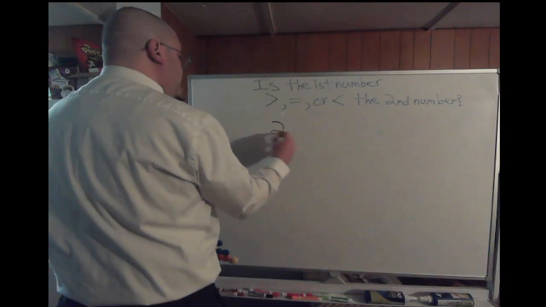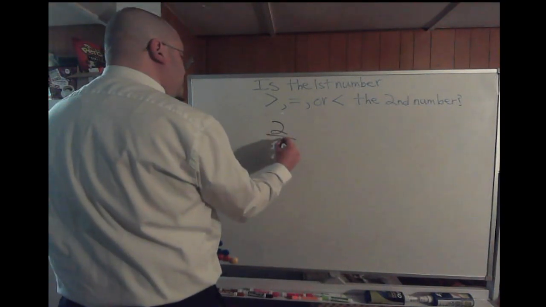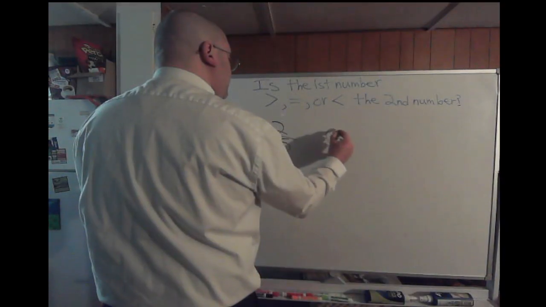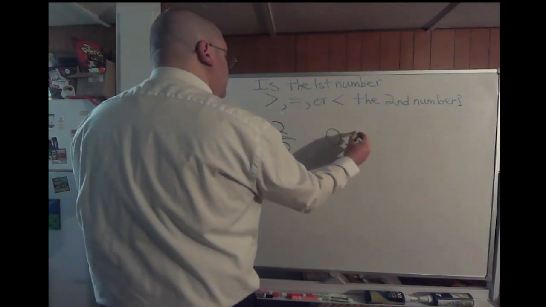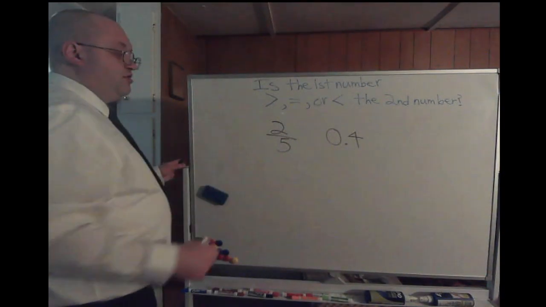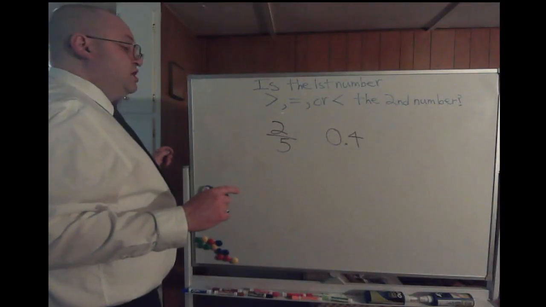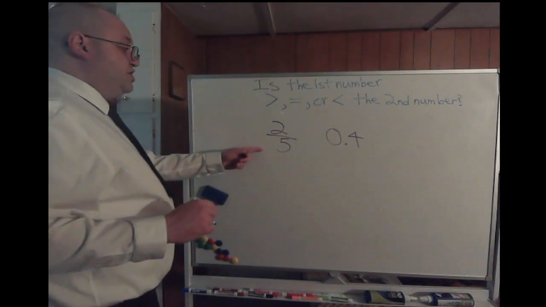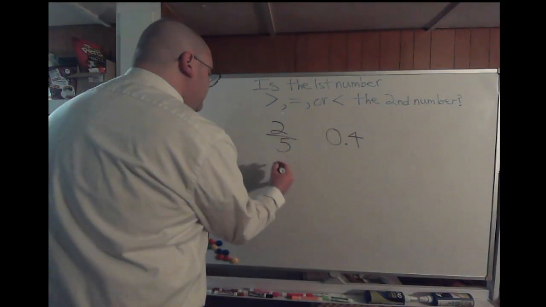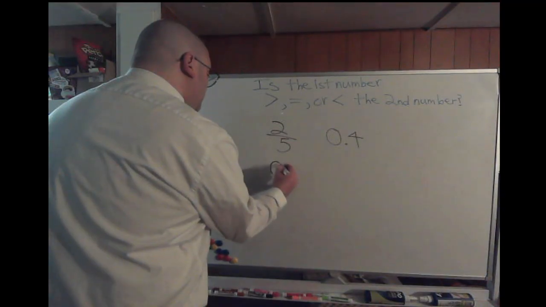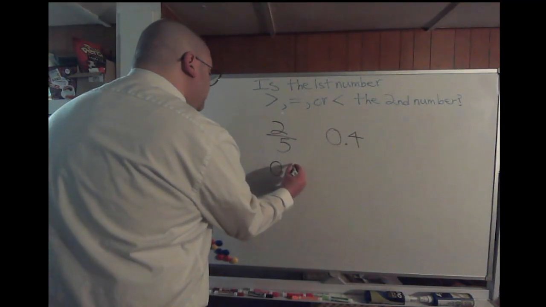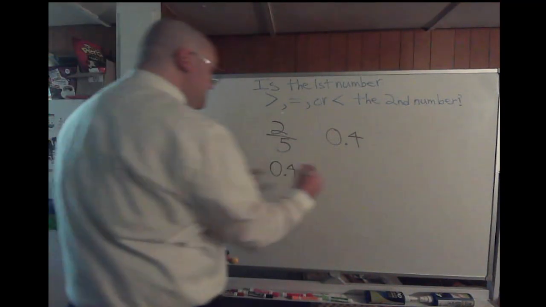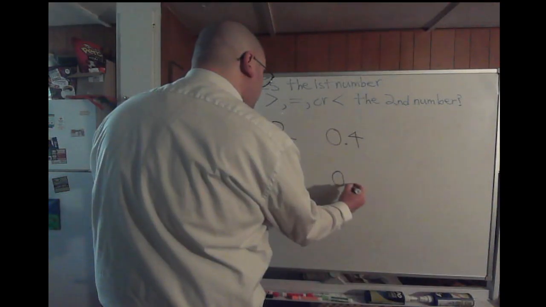Alright, we have 2/5. Then we have 0.4. We got 2/5 and 0.4. So once again, since you have a fraction, I would say convert that 2/5 to a decimal. Well, what do you know? 2/5 actually happens to be 0.4 itself.